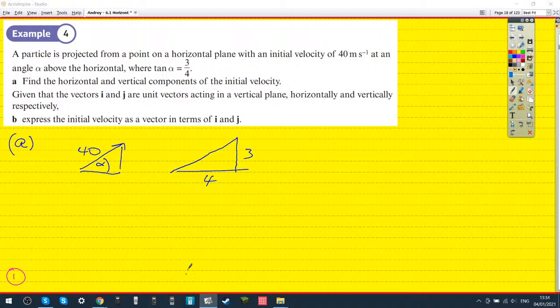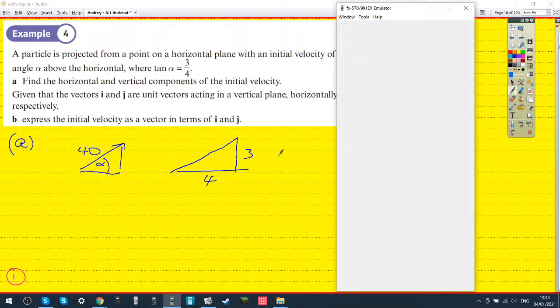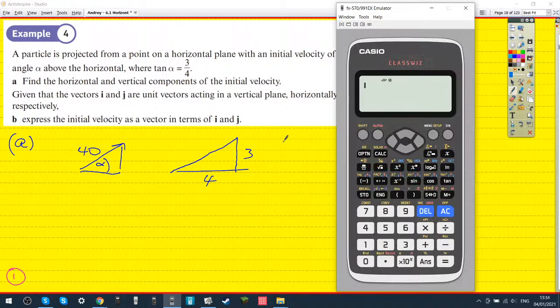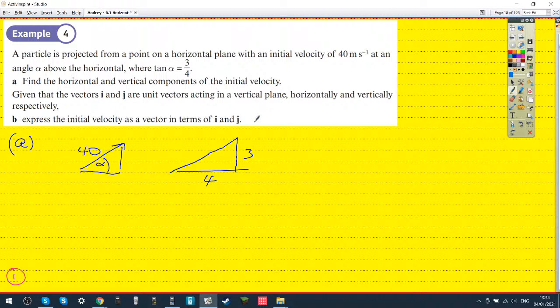Alpha is, this is going to be in radians, isn't it? No. Oh, well, I got a bad number. 36.7. Yeah, 36.8. Grand. What would be the horizontal component?